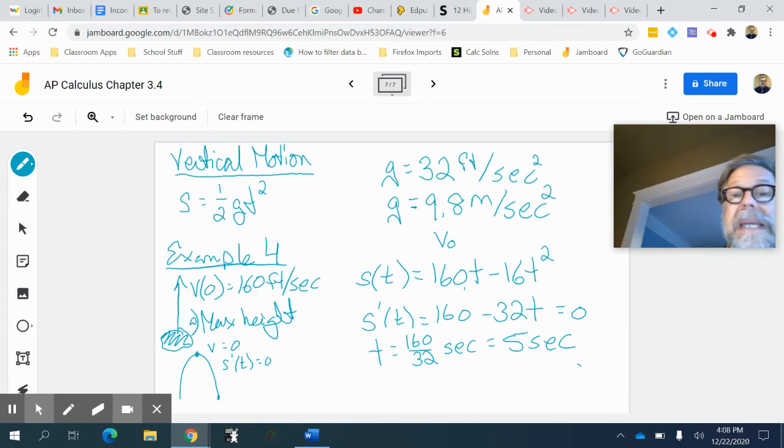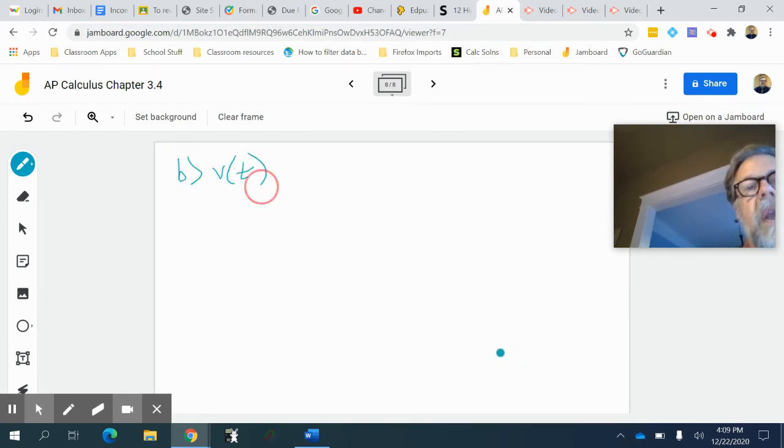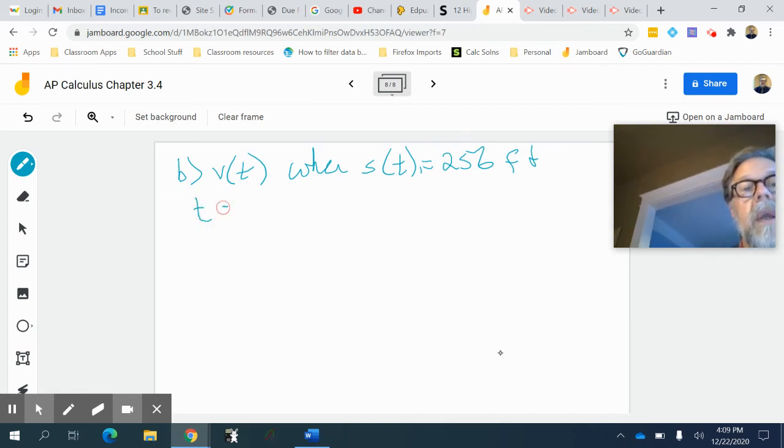Now we want the velocity of the rock when it is 256 feet above the ground. So we want to find v of t when s of t equals 256. Well, obviously the easy answer is, we need to find t.